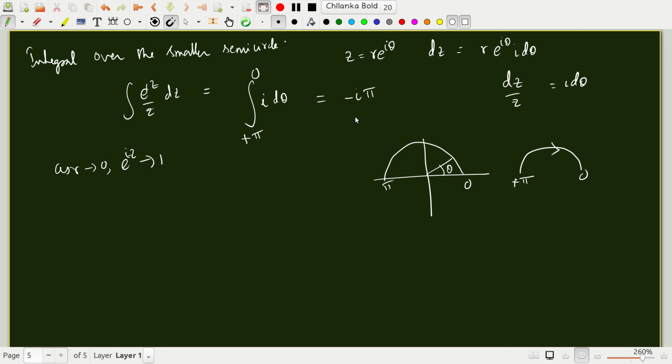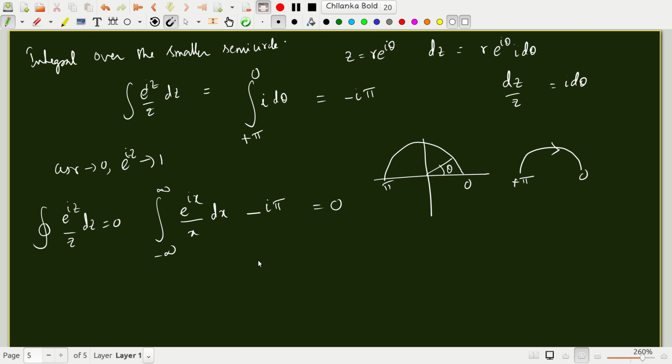Now what we have shown is, as per the residue theorem, the integral of e to the iz by z dz is 0, but this is comprised of two segments: the integral from minus infinity to infinity of e to the ix by x dx, and the part over the smaller semicircle, which we evaluated to be minus i pi.